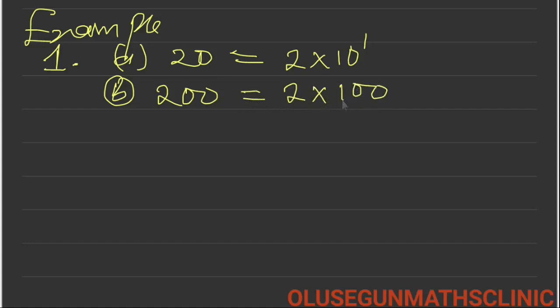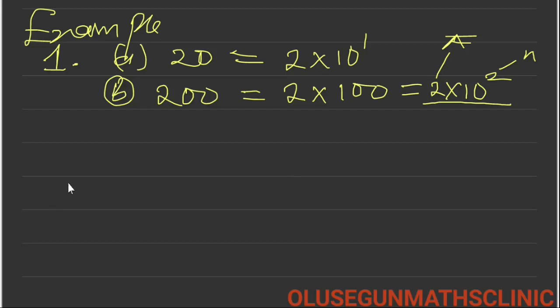And the moment you write 2 times 100, you split it and say 2 times 10 raised to the power 2. So this is the standard form. If you're able to see, these represent the A, this represents the n that I explained from the beginning, that a number can be in the form of standard form.